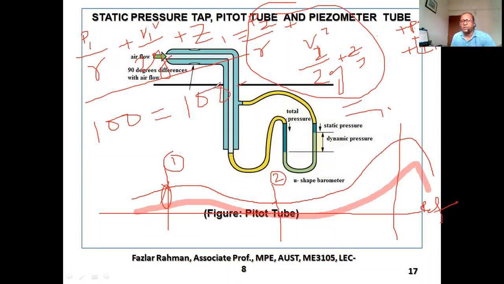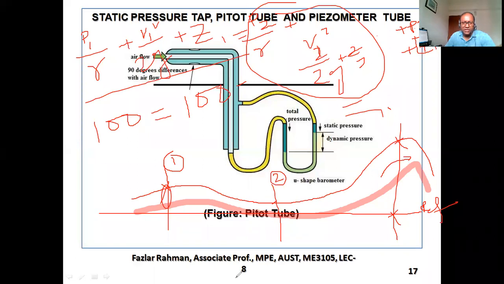What is the beauty of this equation? If right over here you know the height, you know the velocity, you know the pressure, then you can figure it out. Say you know the pressure and you would like to know the velocity of the fluid, you can easily figure it out. That means applying Bernoulli's equation relates pressure, velocity, and the datum head or potential head of the fluid.